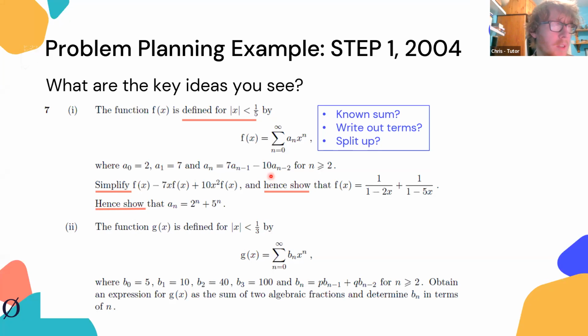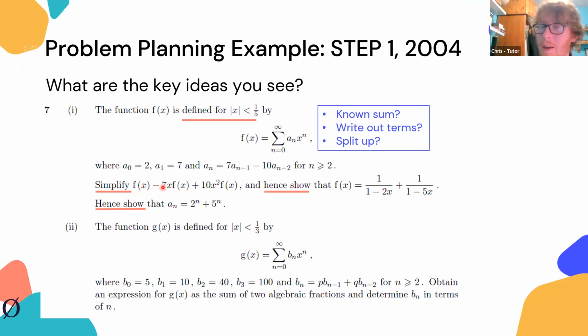What else do I notice in this question? Well, if we go to the very first thing we were asked to simplify, f(x) minus 7x f(x) plus 10x squared f(x), it's not really usual how they've written that. They haven't factored out the f(x), which would be a more natural way to write it, as a quadratic times f(x), because all the terms have f(x) in. They've left it unfactorized, so that's probably on purpose.